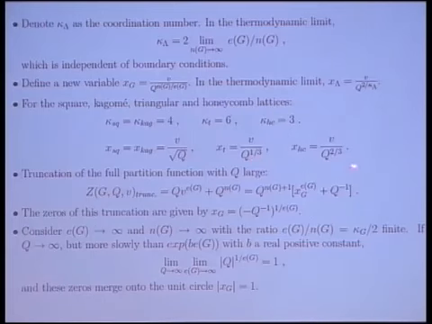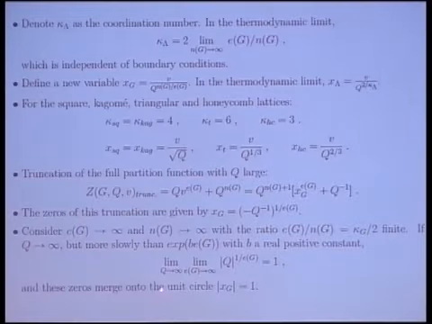For the honeycomb lattice, it's v divided by q raised to the 2/3 power. We believe that if we consider a very large strip or lattice and also very large Q, these zeros will merge onto the unit circle, the absolute value of x equal to 1.